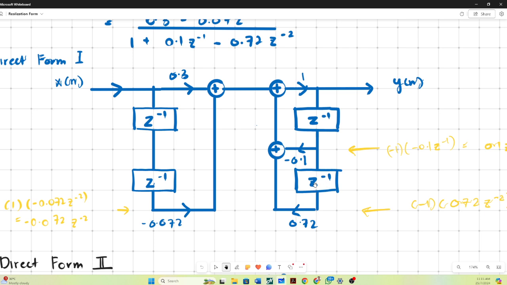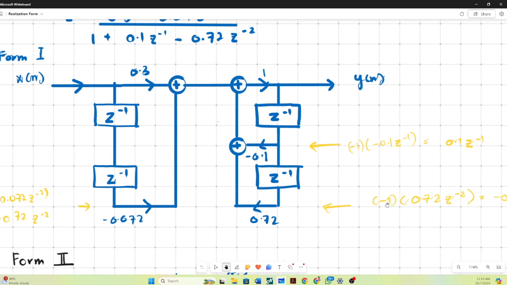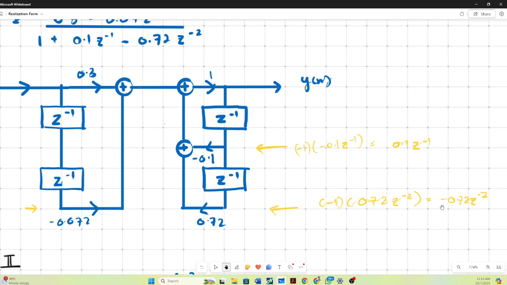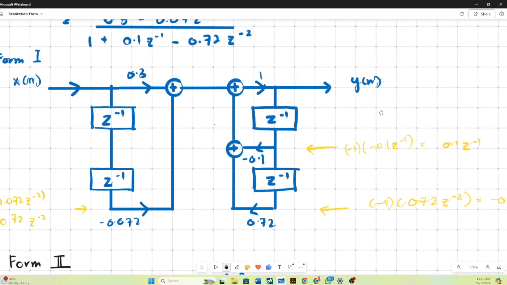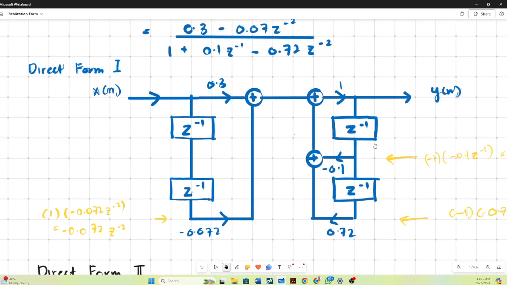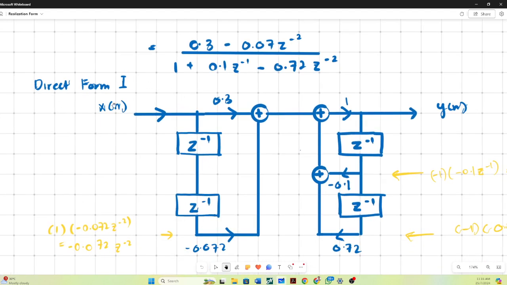The amplitude is 0.72 because the direction is to the left, the opposite direction, meaning minus 1 times minus 0.72 z^-2. So it meets this requirement. All this combination becomes our H(z), and it meets direct form 1.